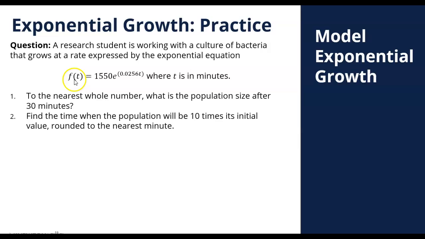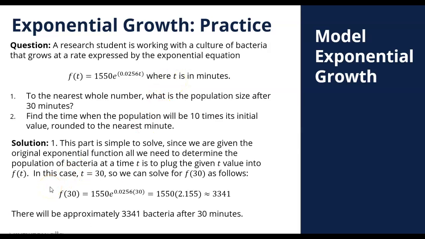Now, to answer the first question, it is important to understand the representation of this function. This f of t here represents the growth of the bacteria at a given time t, that means the population or the number of bacteria at the given time t. So if you want to find the population size after 30 minutes, all you need to do is evaluate this function here at t equal to 30, because t here is in minutes.